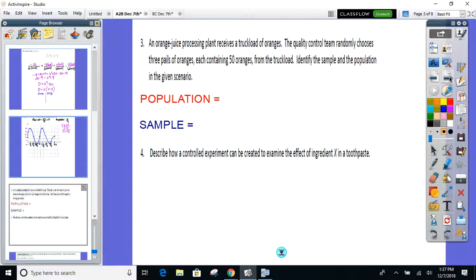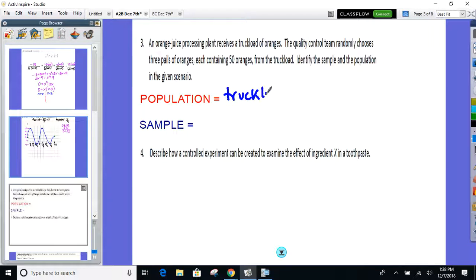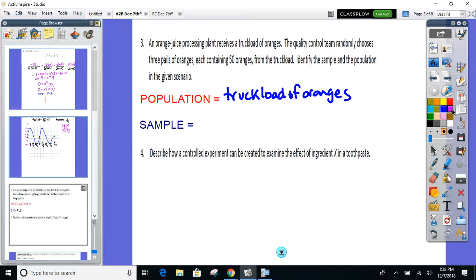If you read through it, what did you decide? What's the population here? Truckload of oranges. Yep, truckload of oranges is your population. And what's the smaller size you took from that truckload? 3 pails of oranges. Yep.